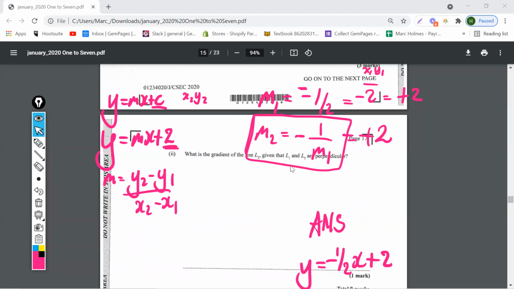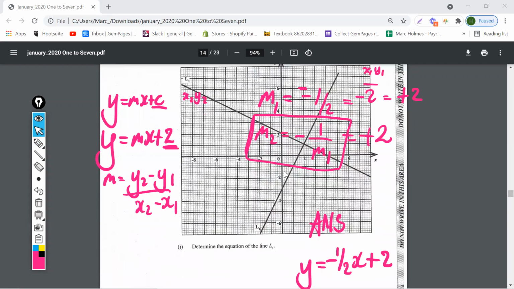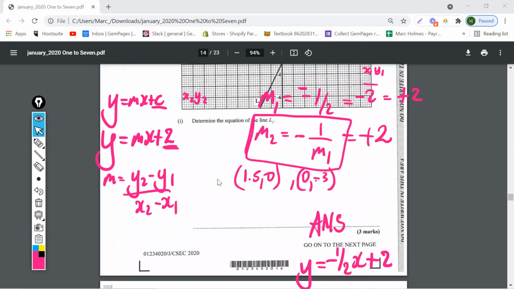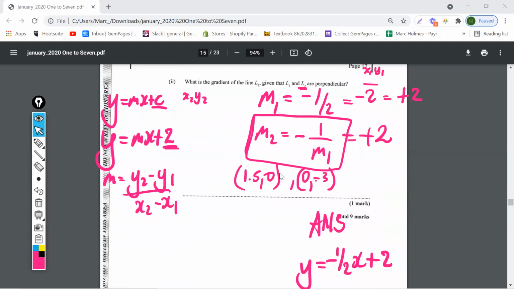You could go back to the same question and look at the points, because remember it gives us the points 1.5 and 0, and 0 and minus 3. So we can use those points and find the gradient too. That's the easiest way to me, but you still can do it this way.